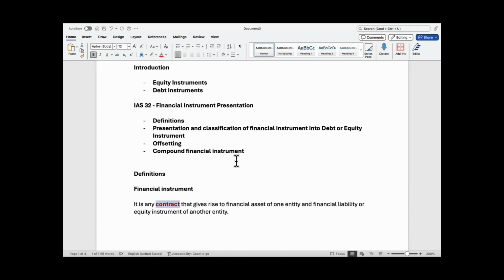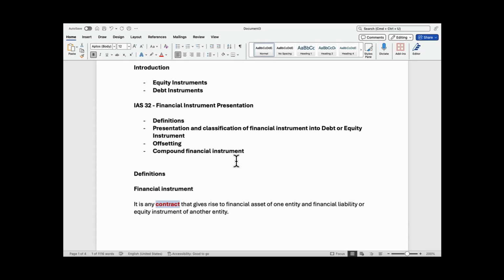If you don't do what you're supposed to do, somebody can sue you. You would have to pay some penalty. I mean, there are consequences to inaction or non-action, right? So, with that, we can then argue that a contract does not necessarily have to be in writing. It's just however you agree in your jurisdiction. And it must have legal and economic consequences, which is the main thing there. Okay, so a financial instrument has to be a contract.